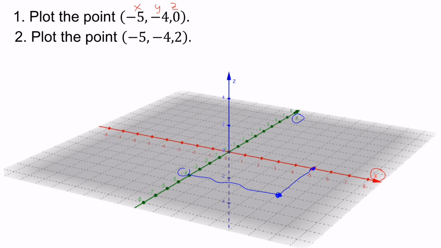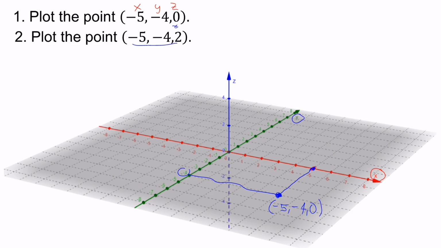So this is the point on the xy plane where negative 5 and negative 4 meet. So since z is 0, this is already the point negative 5, negative 4, 0.